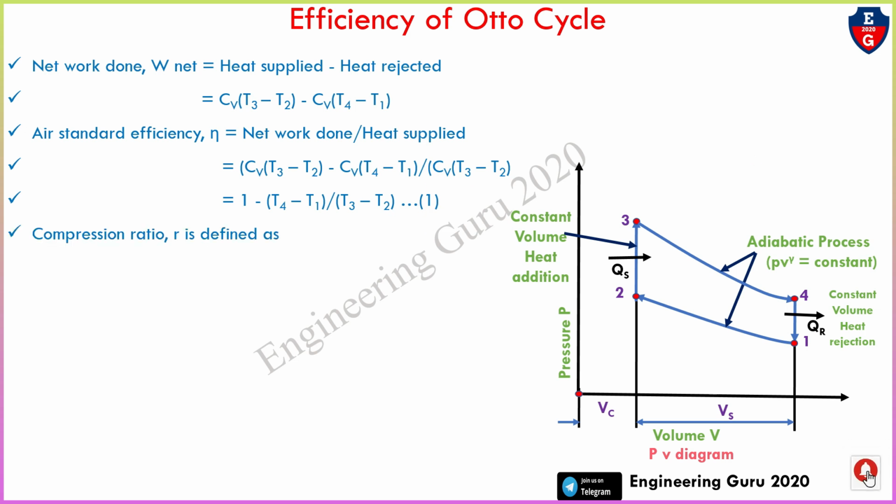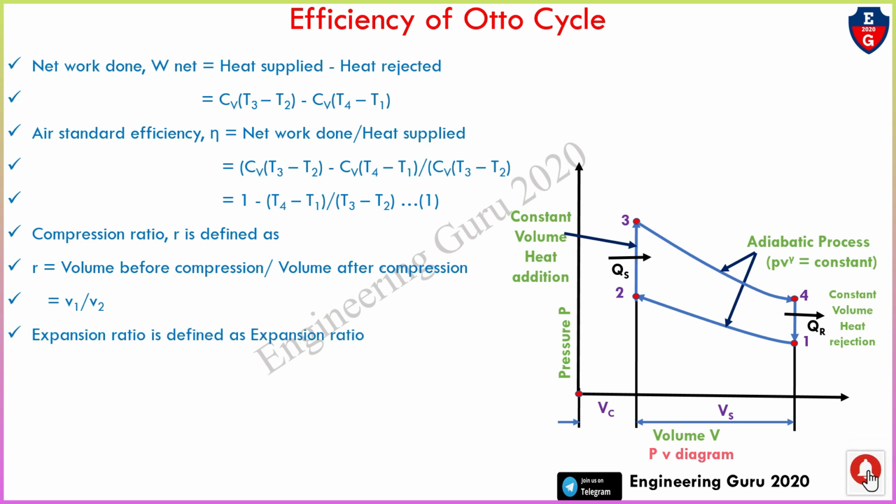Compression ratio r is defined as the volume before compression divided by the volume after compression. So we can write V1 divided by V2.